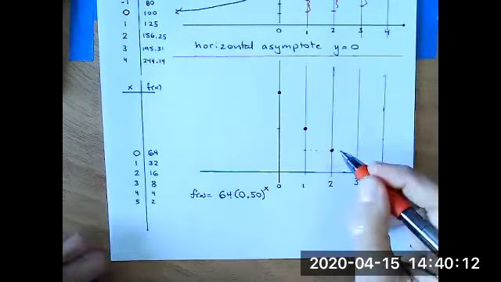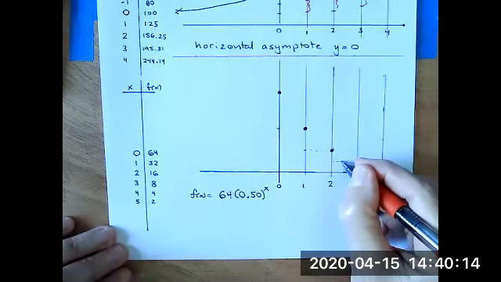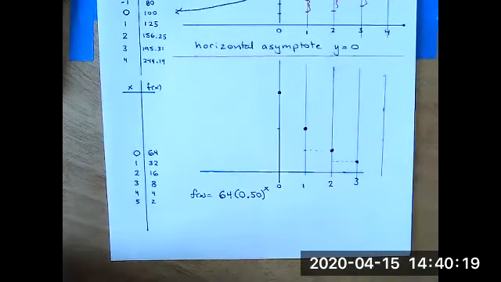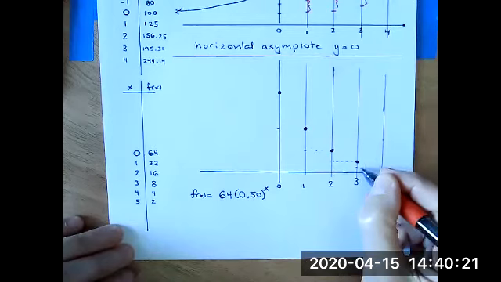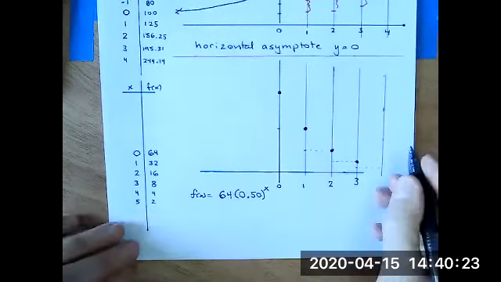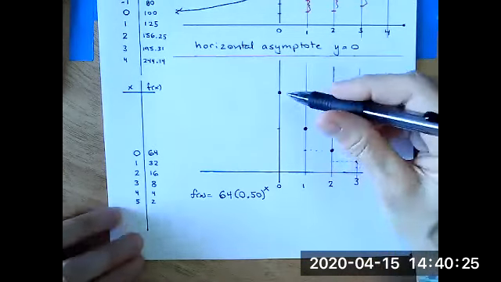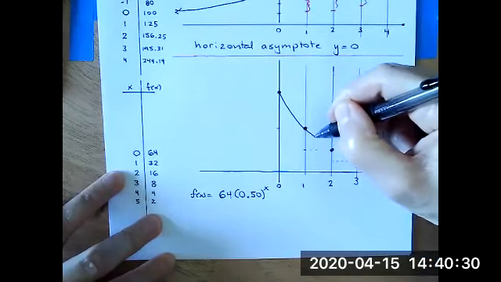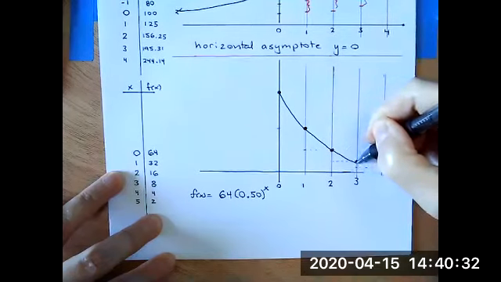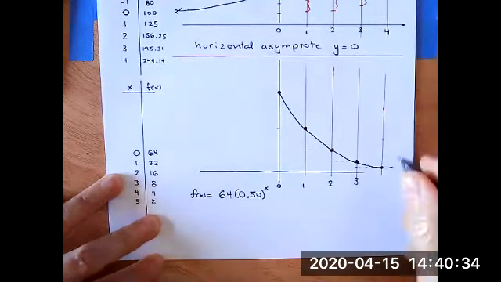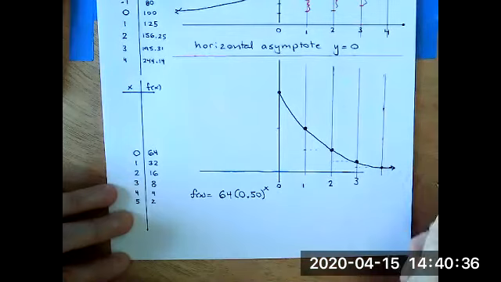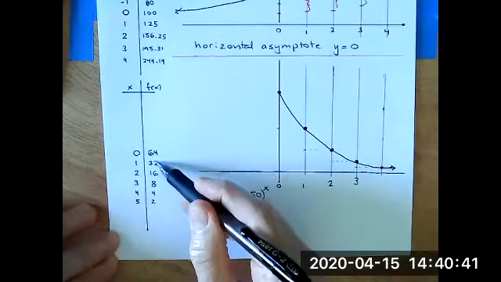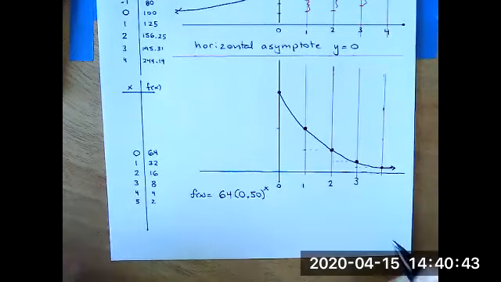Every year, the value decreases by half. So this is a decreasing function, concave up. And again, the y value gets closer and closer to 0.